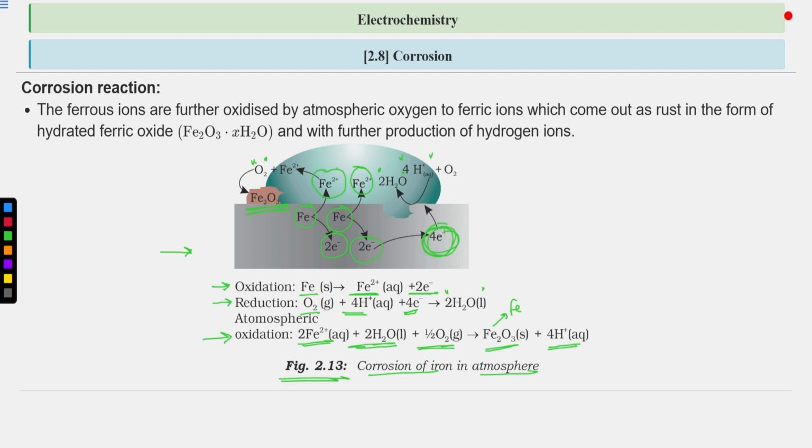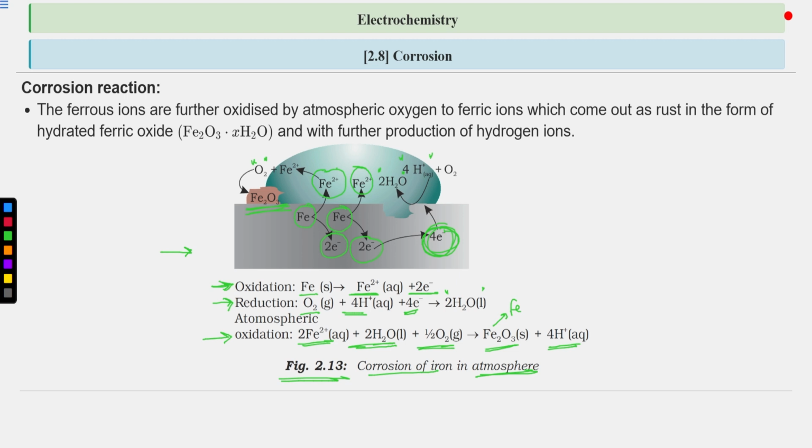So this is the overall corrosion of iron which happens in the atmosphere and the respective reactions: at the anode, which is for the oxidation, at the cathode, which is for the reduction, and the overall cell reaction, which is the atmospheric oxidation. Through this diagram you can easily understand the total process.